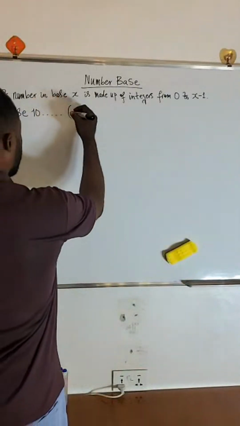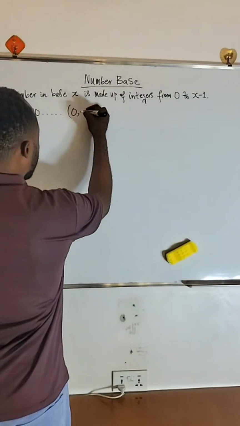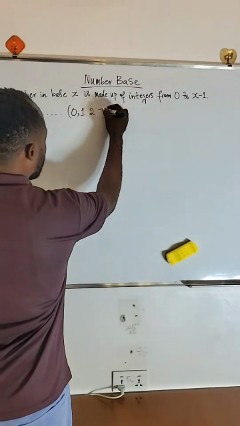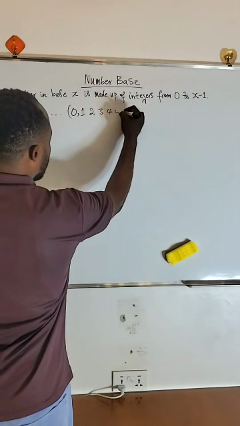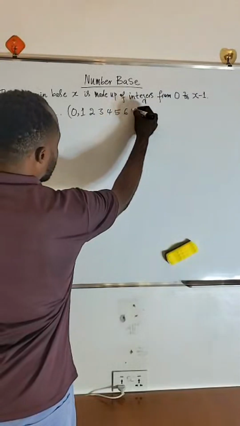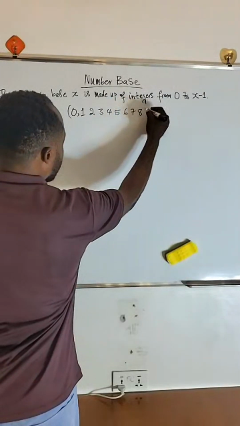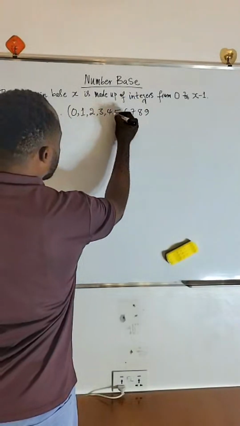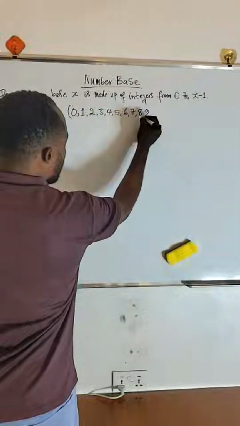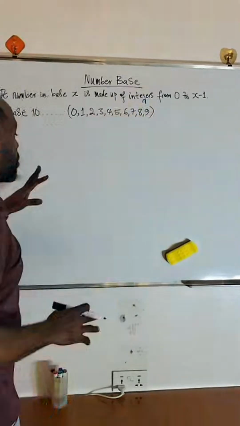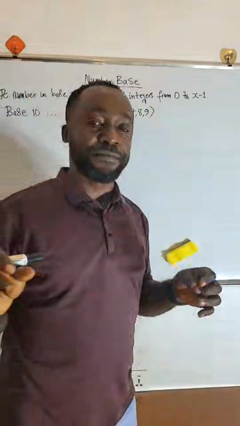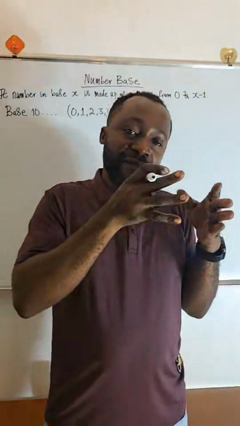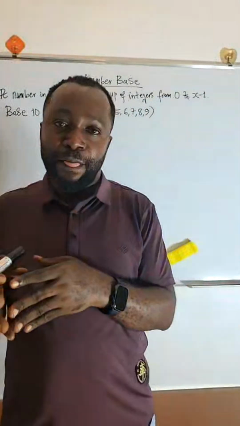So you will have 0, 1, 2, 3, 4, 5, 6, 7, 8, and 9. So if you are dealing in base 10, you can only have integers from 0 to 9.